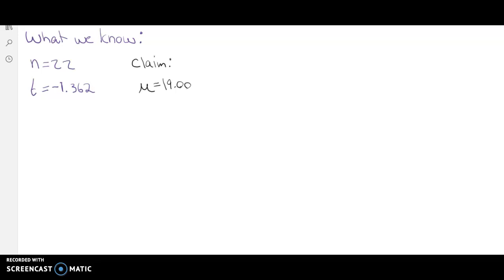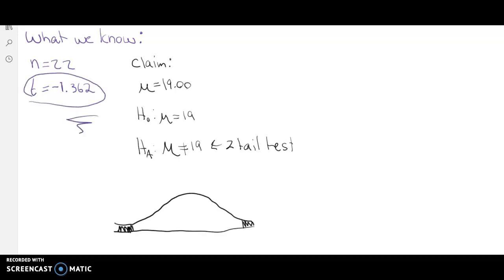So because we know our claim, we can write our null hypothesis, which is also mu equals 19, and our alternative hypothesis, which would be mu is not equal to 19. So this will result, because we have a not equal to sign here, we have a two-tail test.